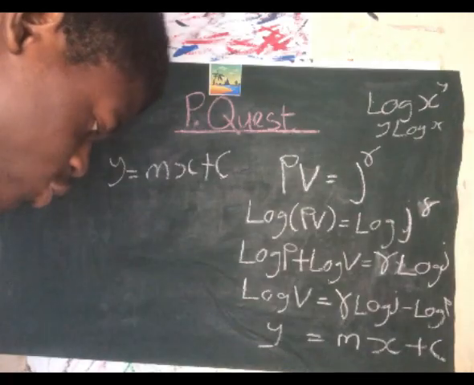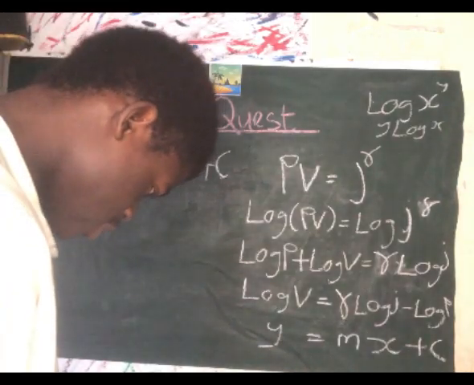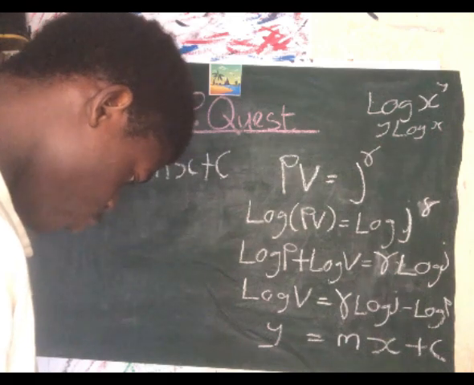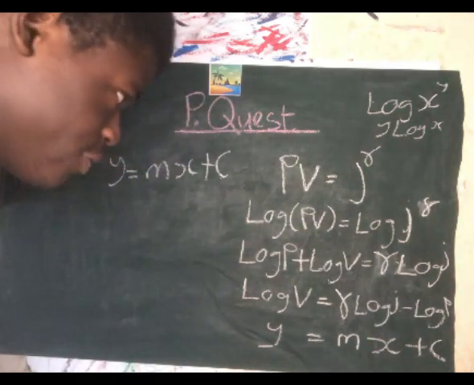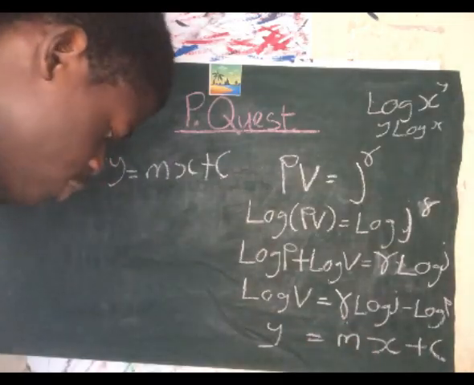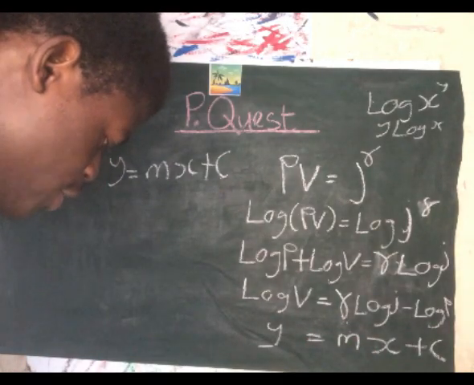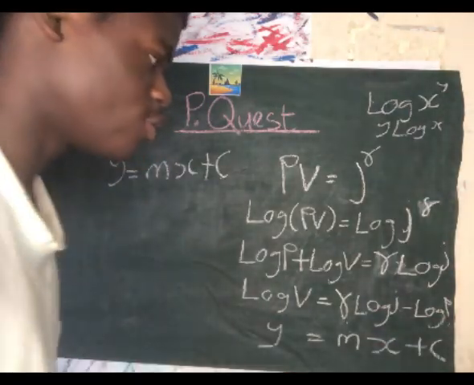So let's look at the options. Option A says gamma will be obtained from the intercept of the graph. No, because gamma is the slope, so it cannot be obtained from the intercept. Option B says P will be obtained from the slope of the graph. Log P is our intercept.